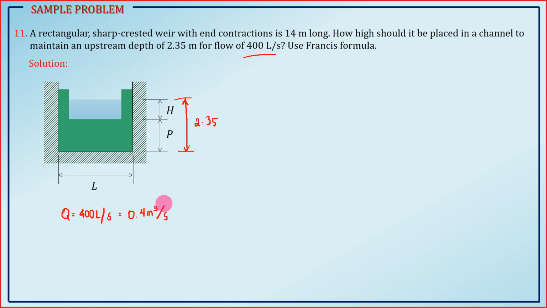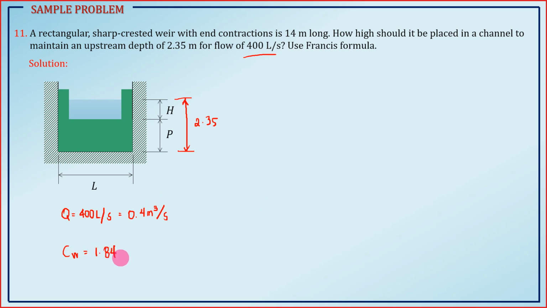Going back, since we don't have H and P, we can assume that the ratio of H and P is less than 0.4. So we will use the CW of 1.84.